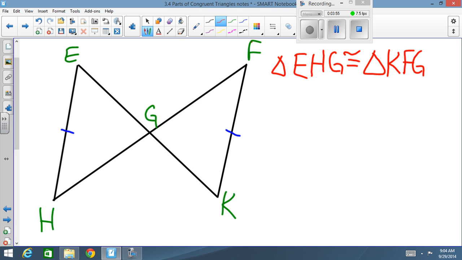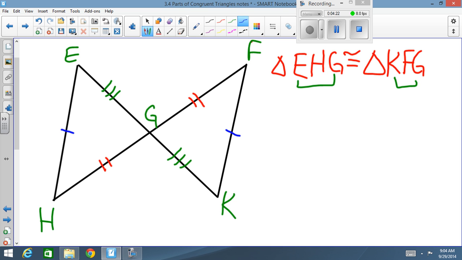Cool. HG is going to be congruent to FG. See, that's one that if you didn't understand congruent statements, you may think that those two would not be the same. And then the last one is EG is going to be congruent to KG.